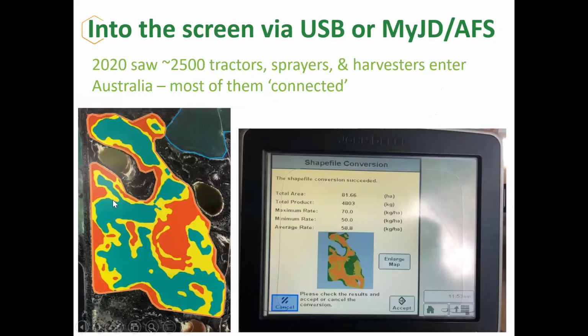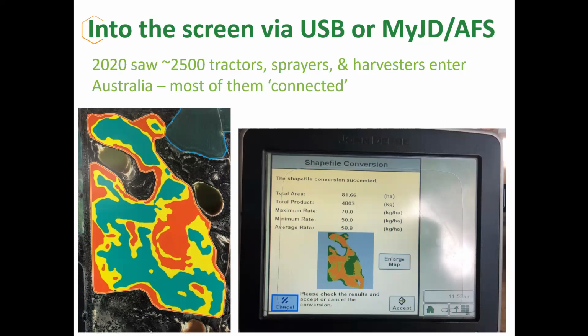This shows a zone map on the screen and the zone map in the cab. Like I said, last year alone saw 2,500 tractors, sprayers and harvesters. All of them pretty much are connected to the internet now. So we can push this zone map that we created on the screen in the software straight to the machine, and this is it appearing in the machine.